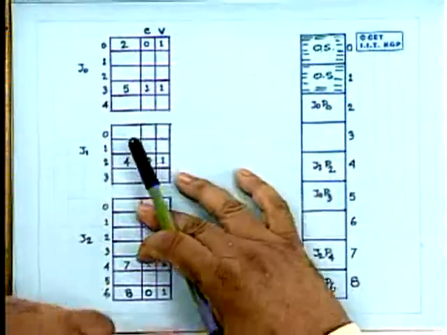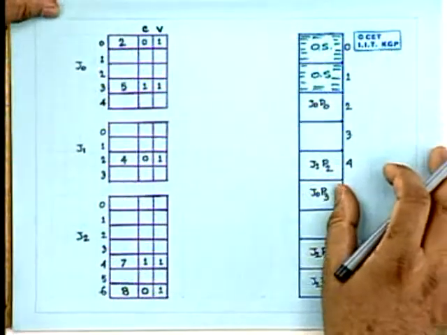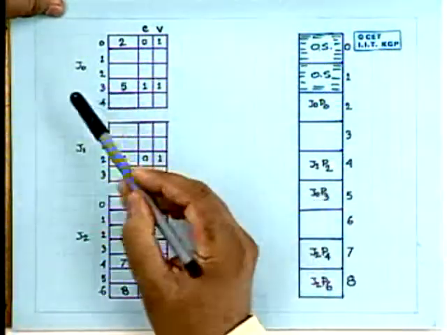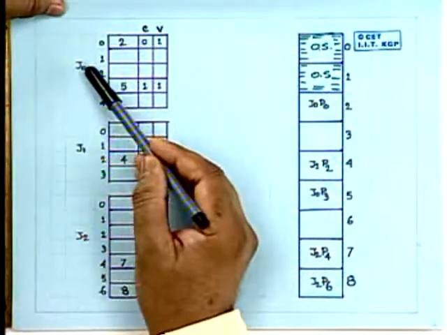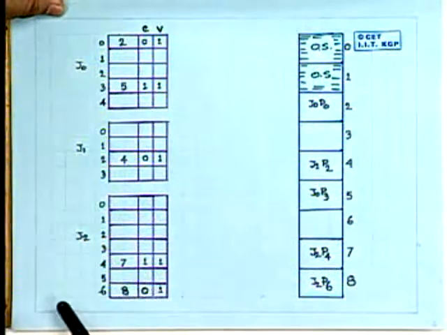Now, this is achieving virtual memory and executing a process whose size is far greater than the physical memory available. Now, what happens if there is more than one process? That is the picture I have tried to show in this slide. Here you see there are three processes, J0, J1, and J2.